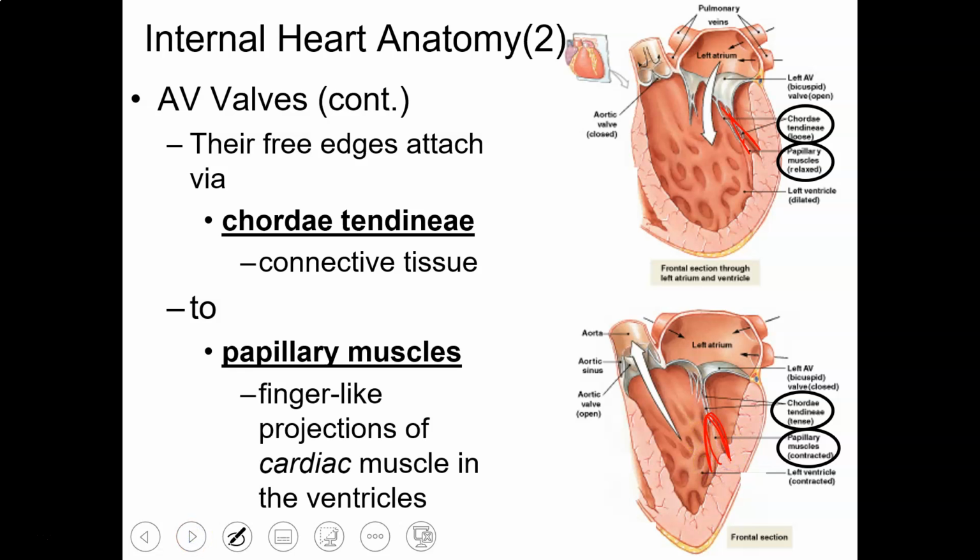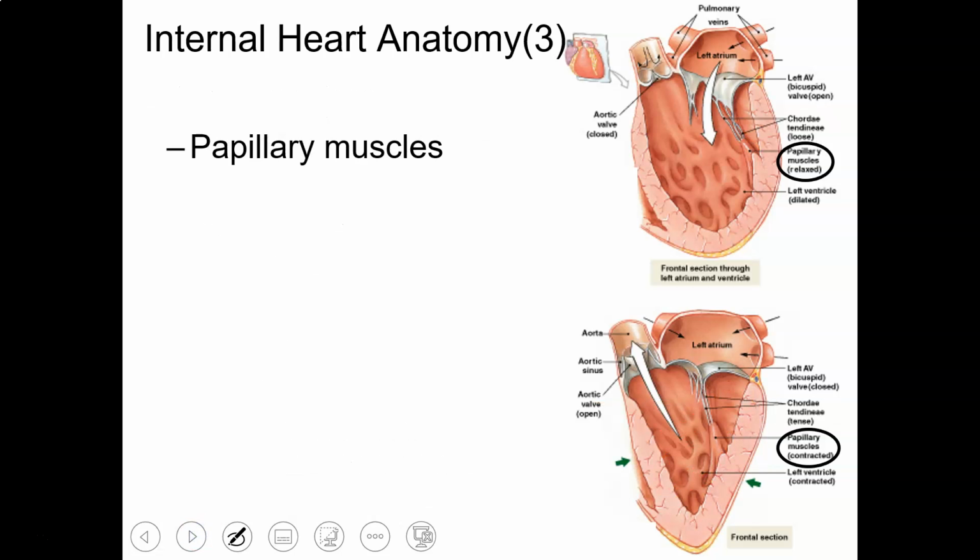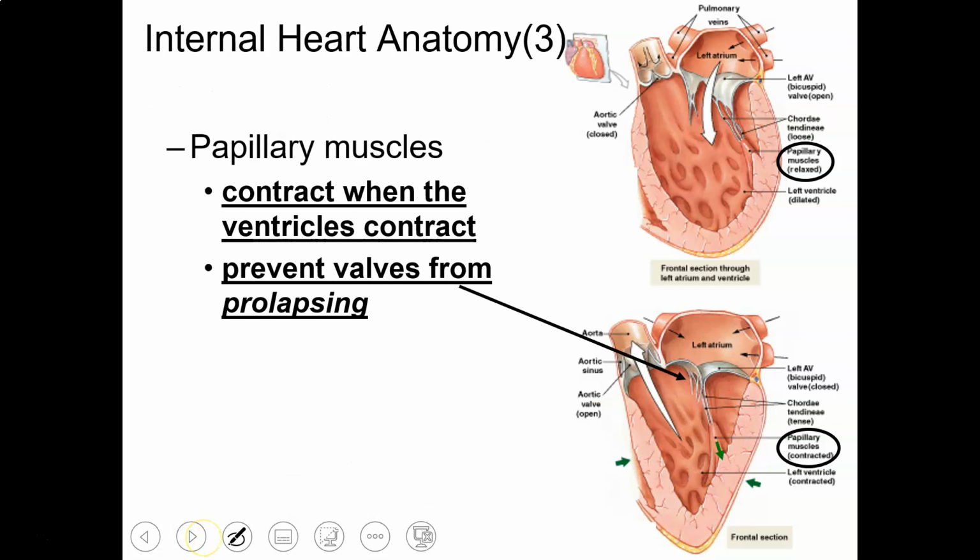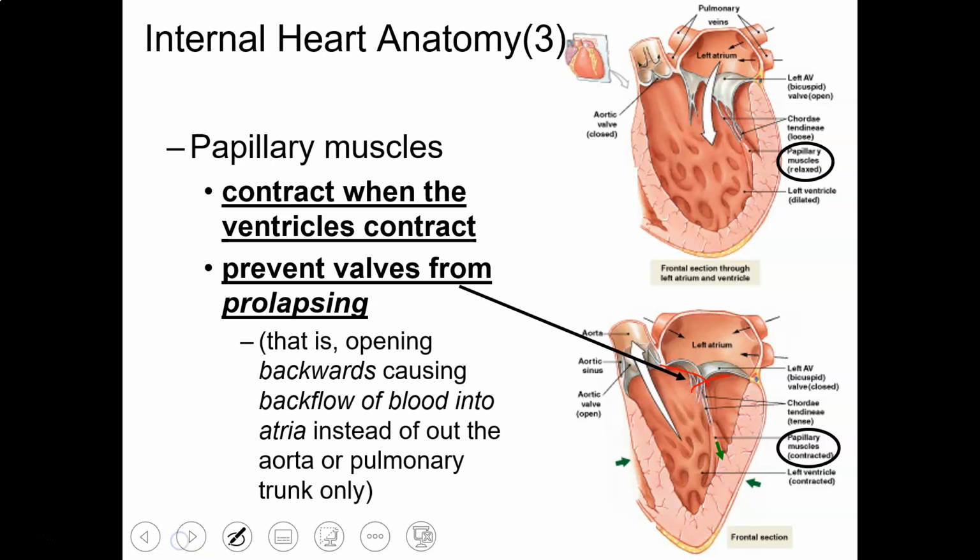And what happens is when the ventricle contracts, it pulls on those little strings so that blood that's here can't go back up. It keeps that valve closed. It prevents prolapse of the valve. Prolapsing would be the valve going back, allowing backflow or opening up so that blood can escape.